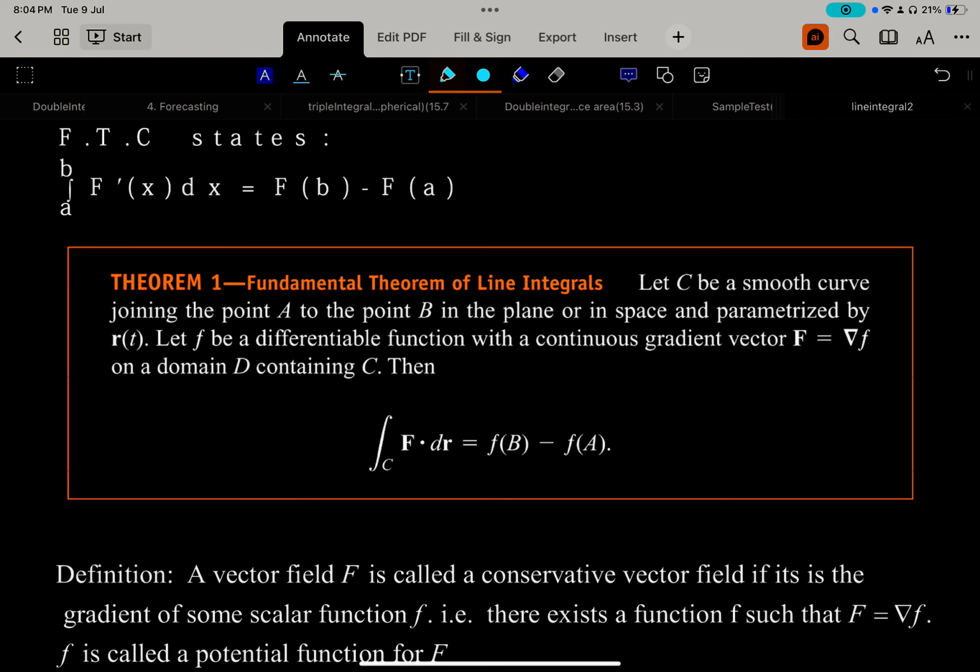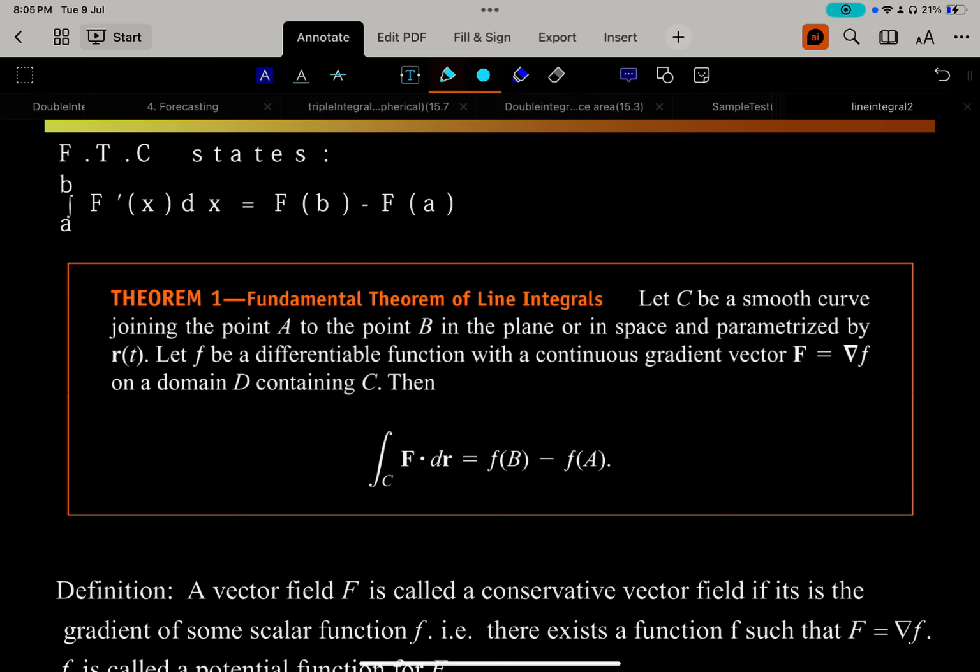And so this leads us to the fundamental theorem of line integrals. Let C be a smooth curve joining the point A to the point B in the plane. This is our curve C, and it joins points A and B, and is parameterized by r of t.